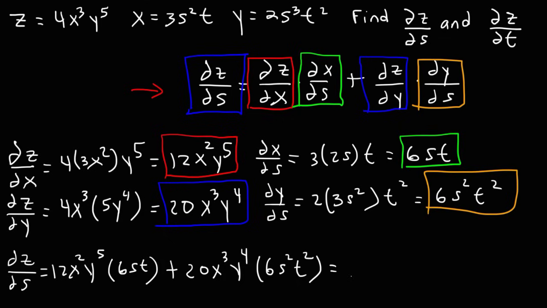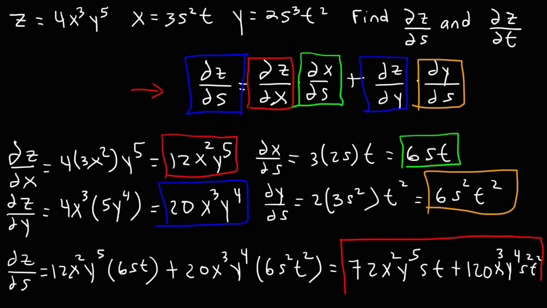So our answer is going to be 12 times 6, which is 72, x squared y to the 5th power, st, and then 20 times 6 is 120, and then x cubed y to the 4th, s squared, t squared. So this is our answer, the partial derivative of z with respect to s.